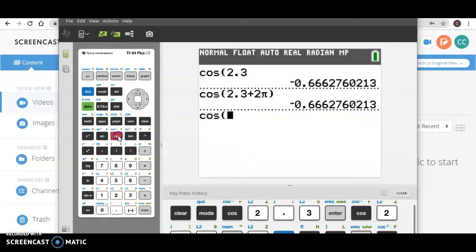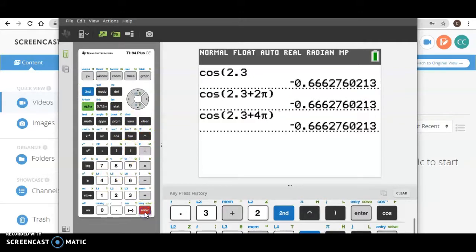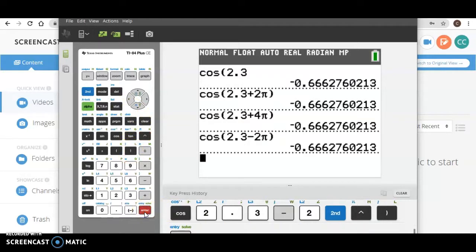Now let's do cosine of 2.3. I'm going to put in exactly 4 pi. And I keep getting the exact same thing. And then cosine of 2.3 minus 2 pi. Because all I'm doing is going the other direction and going all the way around the circle. So I should get the exact same thing.